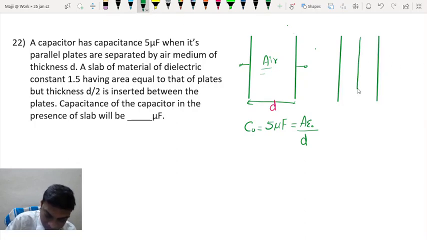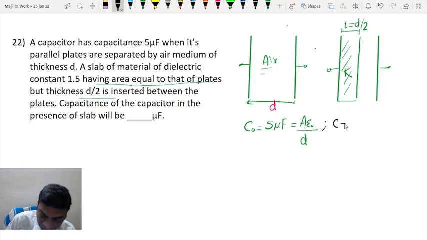So the thickness will be d by 2, having an area equal to that of the plates. The dielectric constant is K. So the new capacitance will be A epsilon 0 upon d minus t into 1 minus 1 by K.